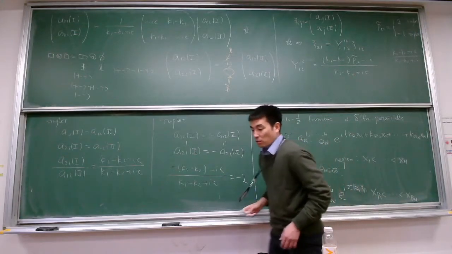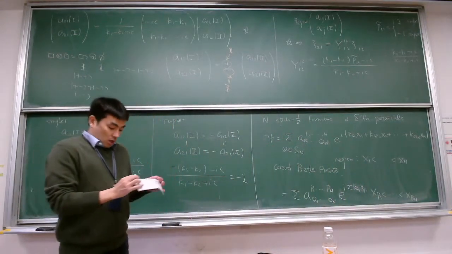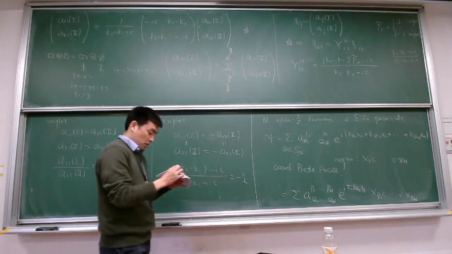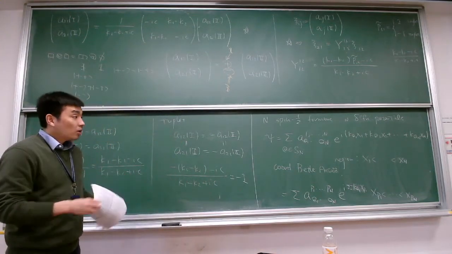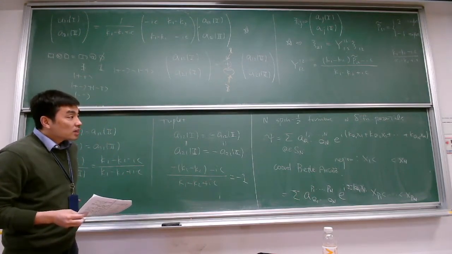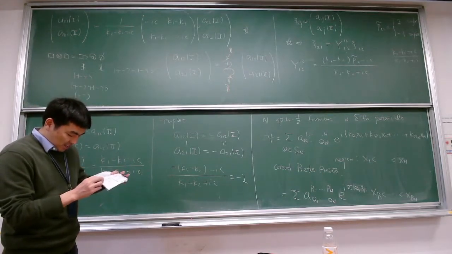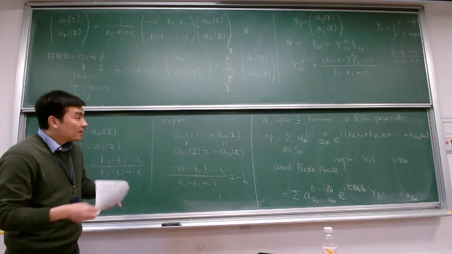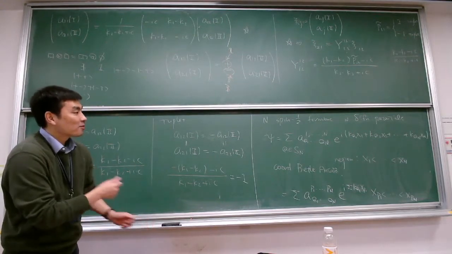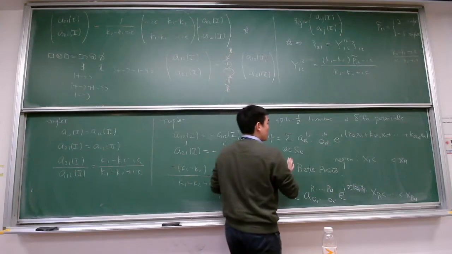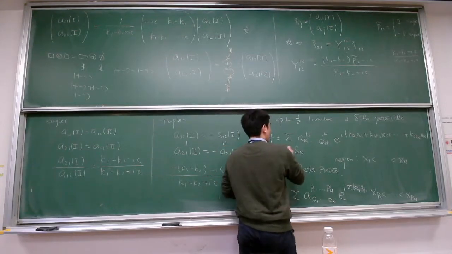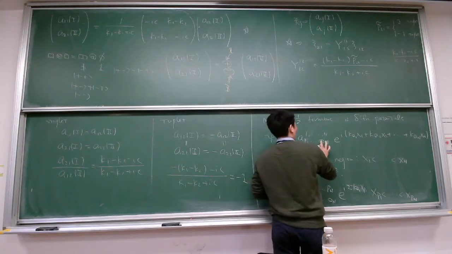Okay. That's what we need to do. I think I should change the notation actually, because my notes use a different notation. Sorry, let me change the notation so as not to make a mistake.